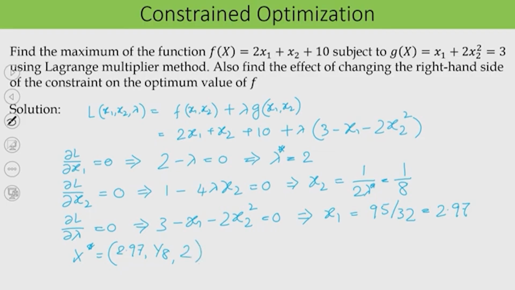So, this is the solution I am getting, and now apply the sufficient condition just to check whether this is a minima, maxima or neither minima nor maxima. So, I will calculate the Hessian matrix.